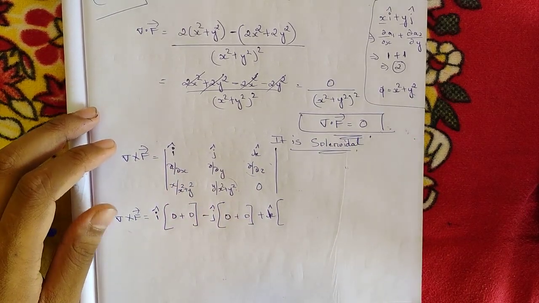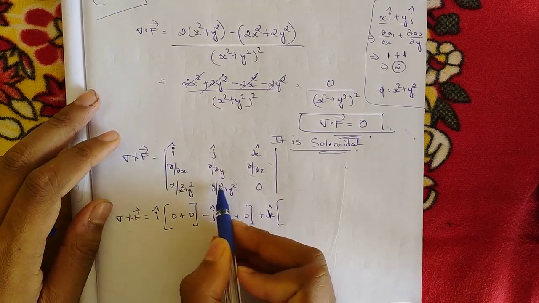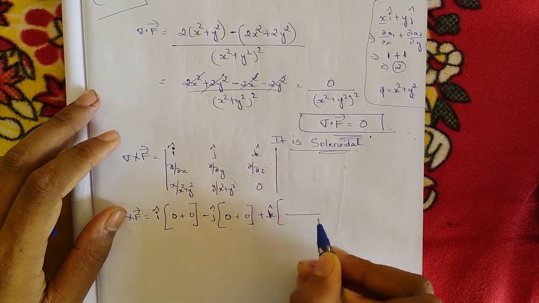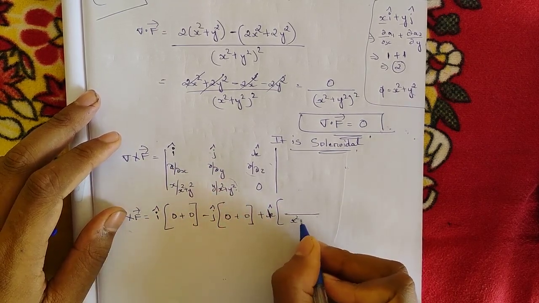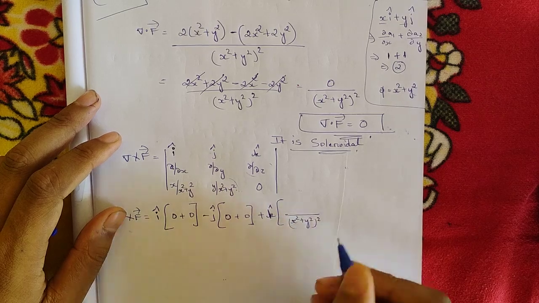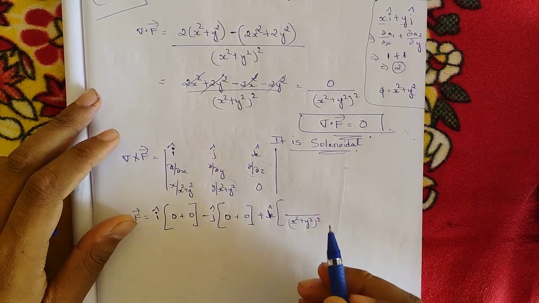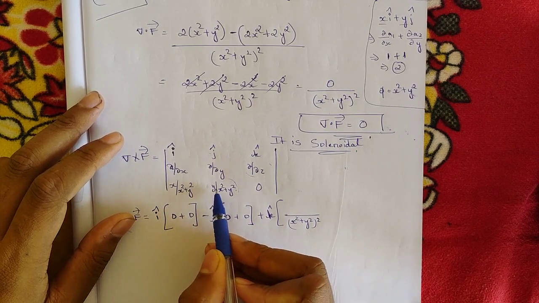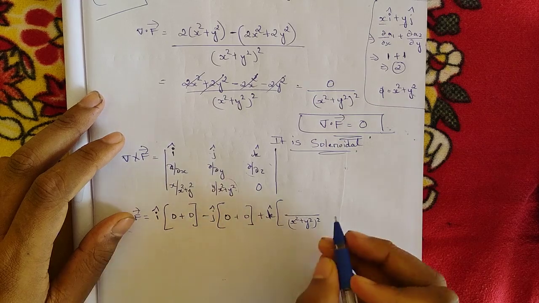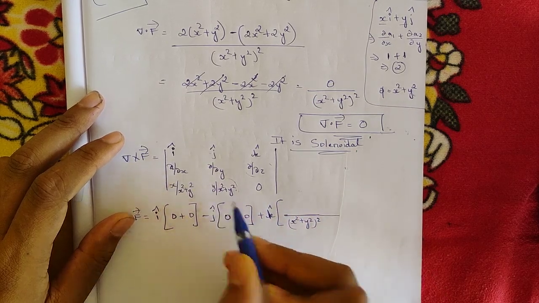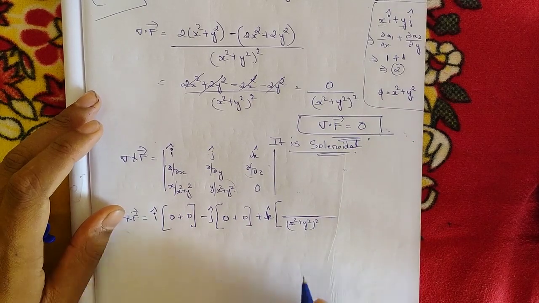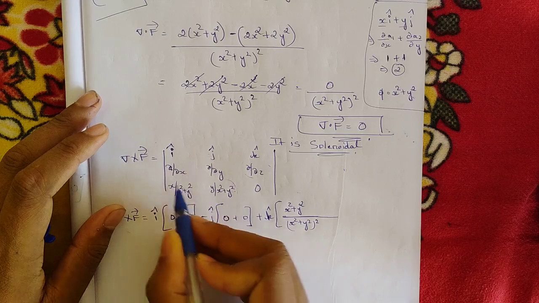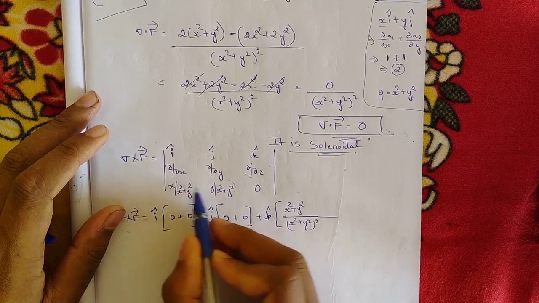Again we should be taking the u by v rule and apply it. That is, first write the denominator square, x square plus y square the whole square, and do the partial differentiation in the numerator part. That is, x square plus y square, denominator as it is, into the differentiation of the numerator partially with respect to x.